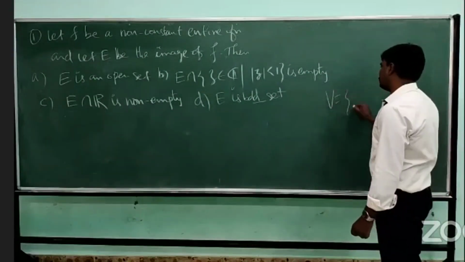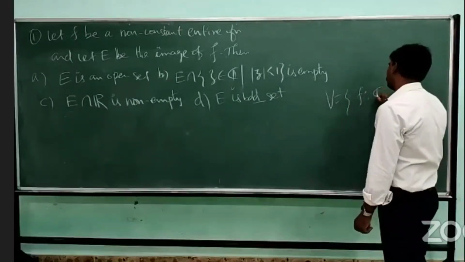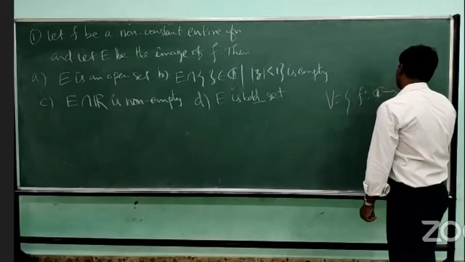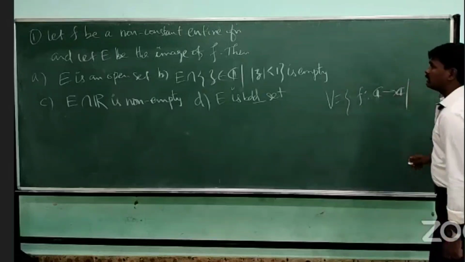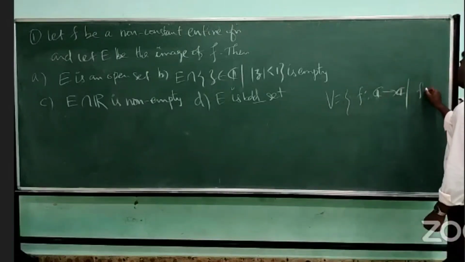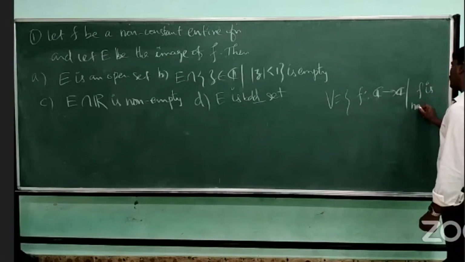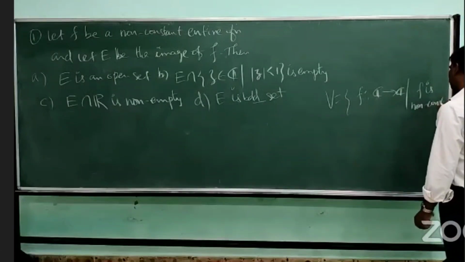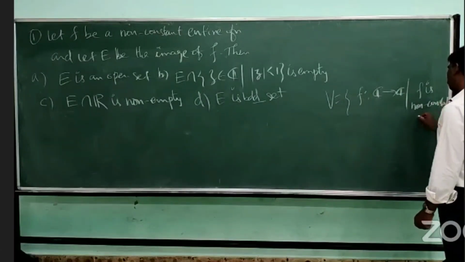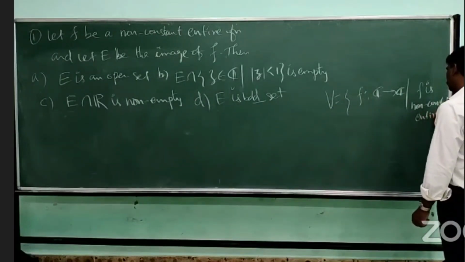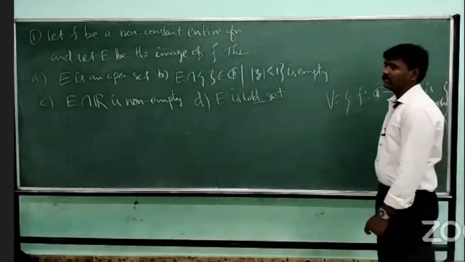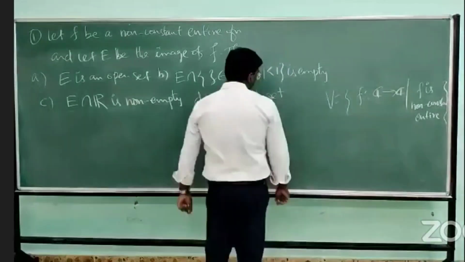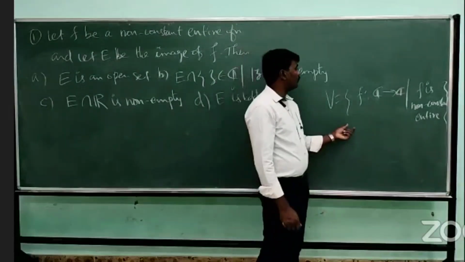First, write V as the set of all f going from C to C such that f is non-constant entire. This is a set V. What is the meaning of V?